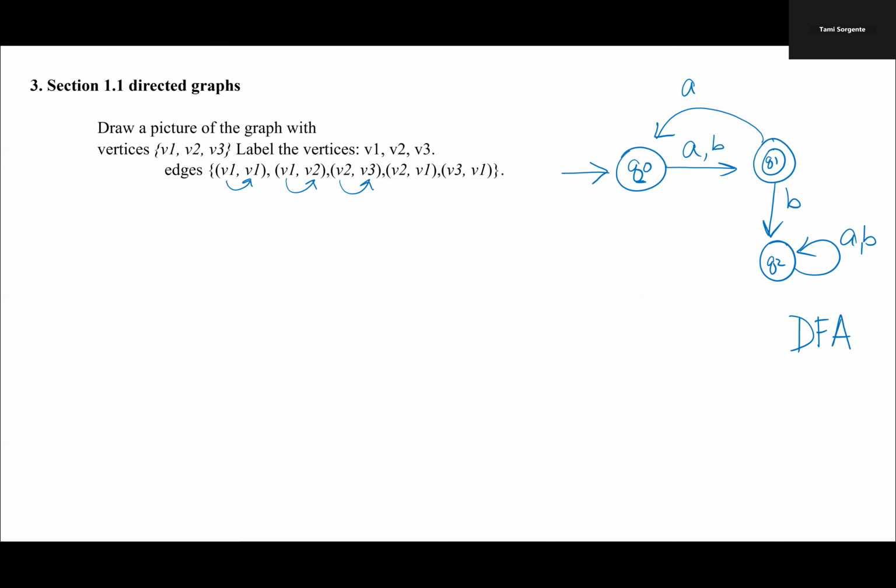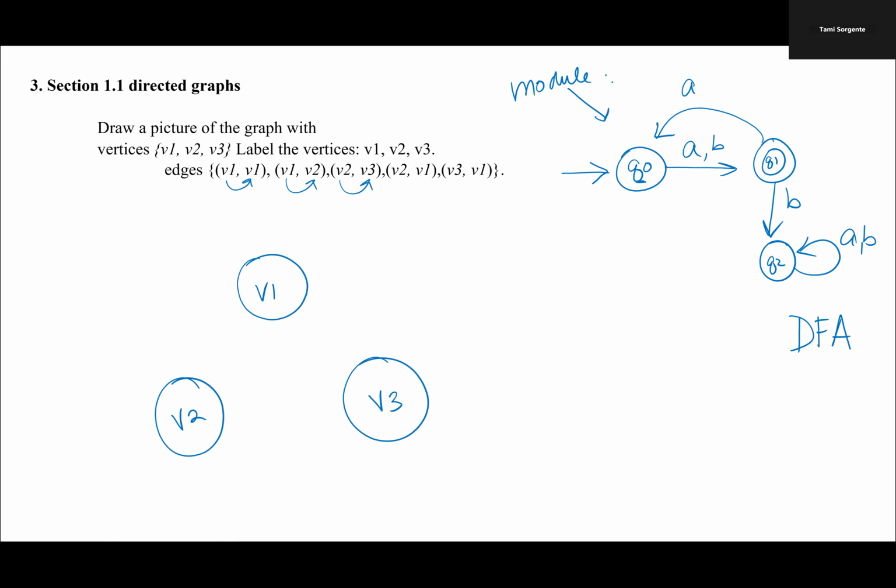All right, so you're going to have 3 vertices, V1, V2, and V3. Now keep in mind, if you weren't paying attention, this is module 2 stuff. This module 1 stuff is just getting you ready for module 2. Then you look at the edges. So I start in V1 and I go back to V1. That's this edge right here.